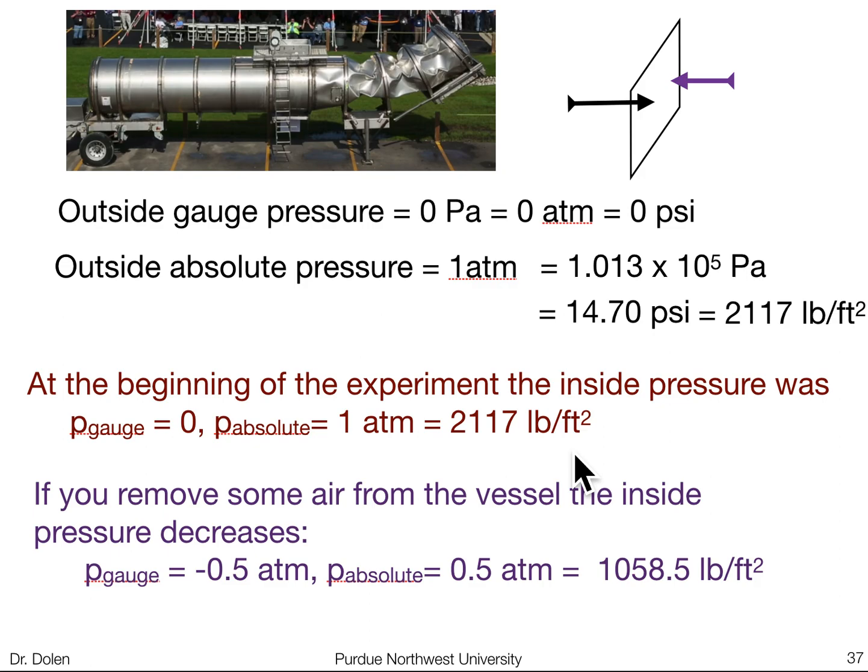Right, so that's a huge pressure differential. There is more force pushing on one side of the wall than the other side of the wall. Okay. When I decrease my absolute pressure to half an atmosphere, my gauge pressure is now reading minus 1/2 an atmosphere. Right. My gauge pressure is now negative. Right. Even though there is still positive pressure inside that vessel.